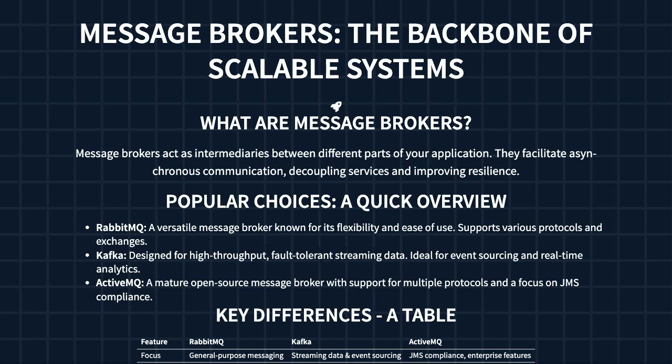We have a few main players: RabbitMQ, which is super flexible and easy to get started with; Kafka, built for handling massive amounts of streaming data, great for things like tracking events or analyzing real-time information; and ActiveMQ, which really shines when you need JMS compliance and are focusing on enterprise features. Each one has its strengths and weaknesses, so it's important to choose the best fit for your project's specific requirements. Choosing the right broker is a big decision.